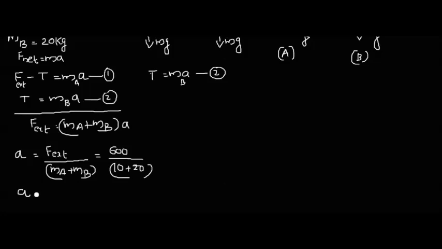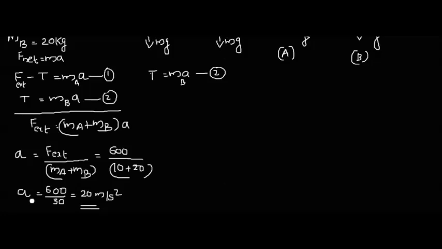So acceleration A is equal to 600 divided by 30, which is equal to 20 meter per second square. So this is the acceleration for the system when we are applying a force F equal to 600 Newton to block A.